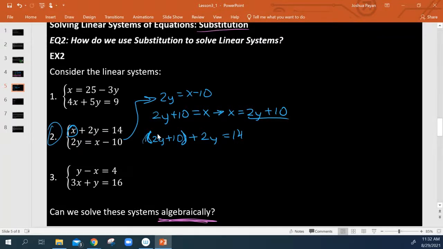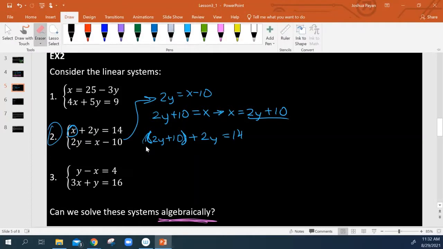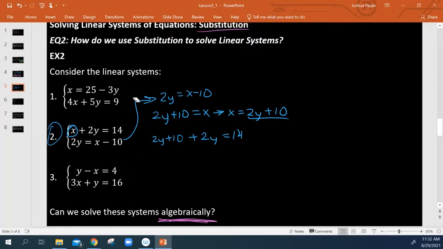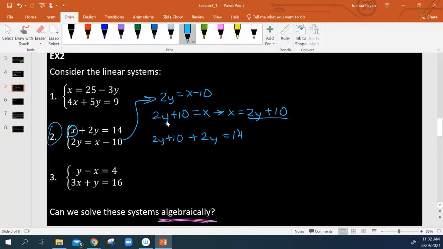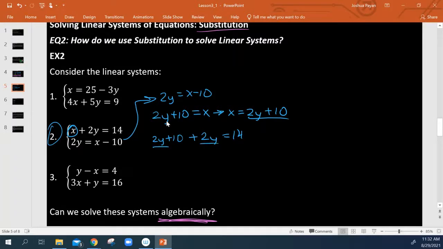So what I've really got is 2y plus 2y, like terms there. So 4y plus 10 equals 14. Subtract 10 from both sides. 4y is equal to 4. Divide by 4. y is equal to 1.